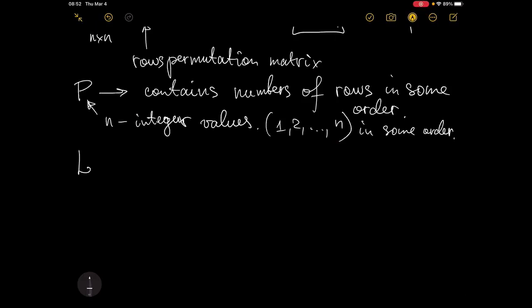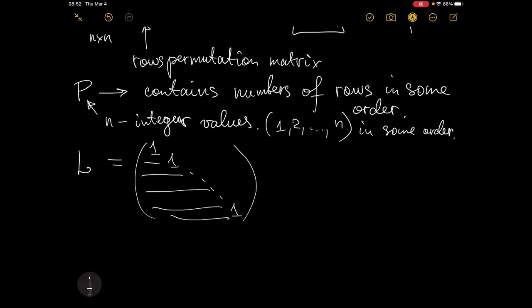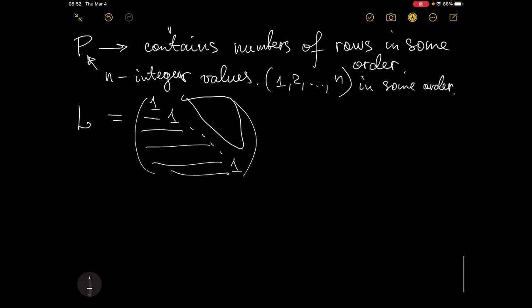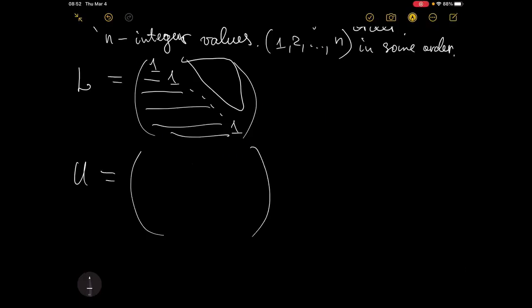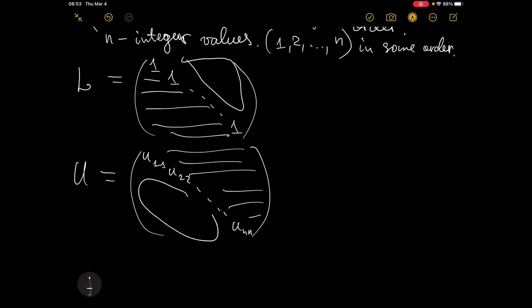Okay, now LU. The L matrix has the following form in general, not for a tridiagonal system, but in general. It has ones on the main diagonal and some elements here. Here you have no elements at all. The U matrix, as you remember, when we do Gaussian elimination, it has U11, U22, so it has diagonal elements, some elements on top because it's an upper triangular matrix, and zeros here.